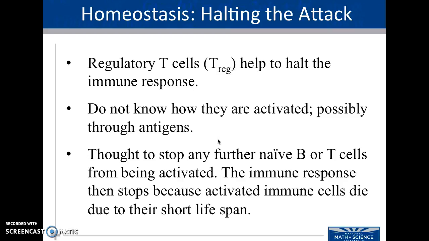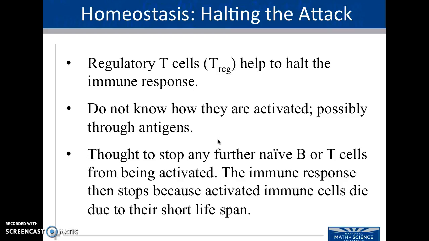So what happens when we need to stop this response? Because our body doesn't need this response all the time. What is going to happen is we're going to see regulatory T cells helping to halt the immune response. We don't really know how they are activated. People think that potentially antigens do the activation.